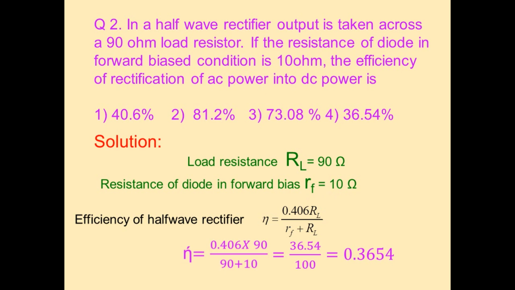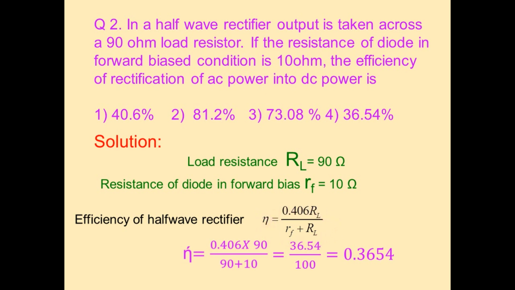We know that efficiency of half wave rectifier is eta equal to 0.406 times RL divided by RF plus RL.